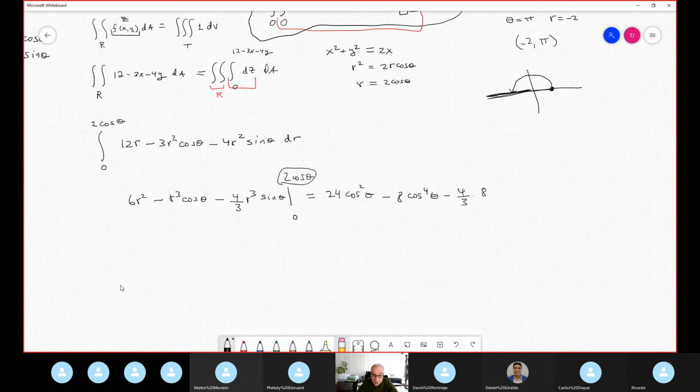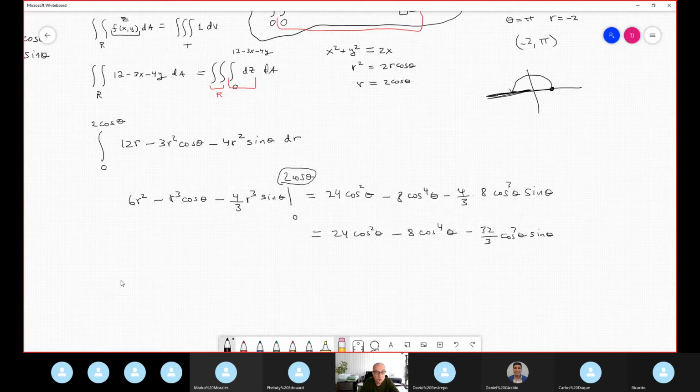We have cosine cubed theta, and this sine stays here. So the answer for the first piece of the integral is 24 cosine squared theta minus 8 cosine to the fourth power theta minus 32 over 3 cosine cubed theta sine theta.